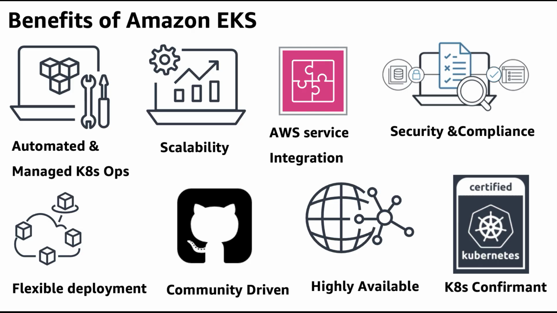EKS is built on top of the open source Kubernetes project, meaning it uses the same core Kubernetes components and APIs that are used by other Kubernetes distributions and environments. The conformance means you can easily migrate your existing Kubernetes applications to EKS, take advantage of the Kubernetes community ecosystem, and leverage the same tools and plugins you are already familiar with.